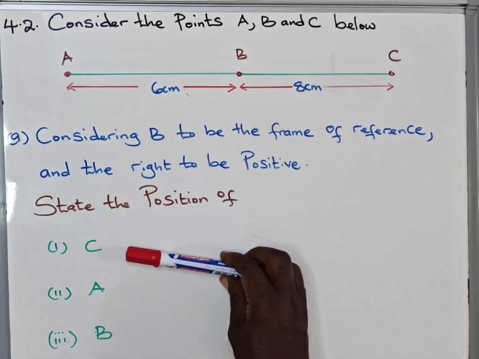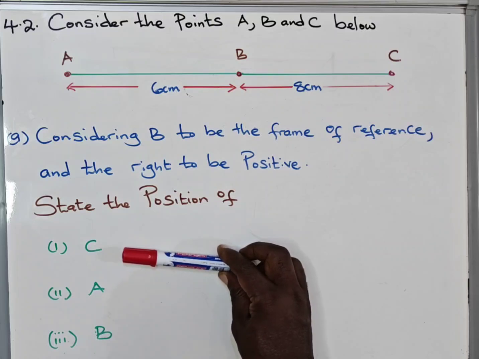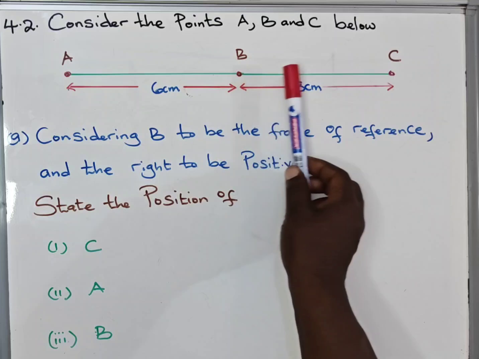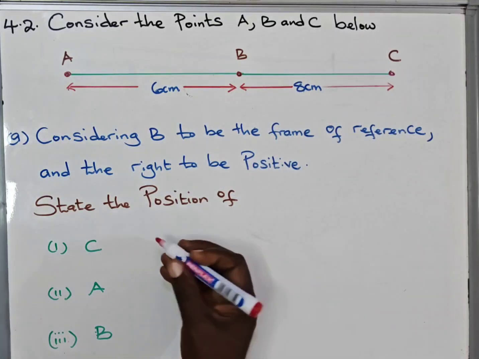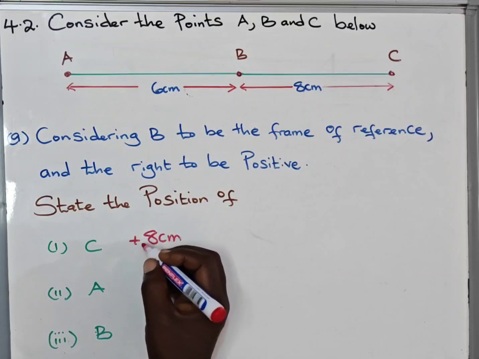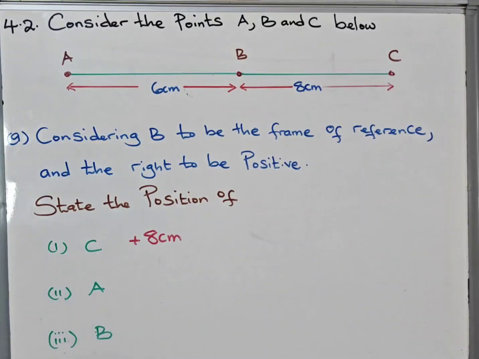We are looking for the position of C. So if this is our starting point, then from B to C is 8 centimeter. Actually, it's positive because we took to the right to be positive.